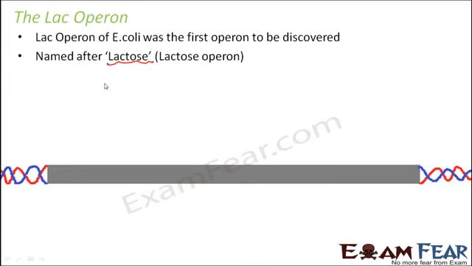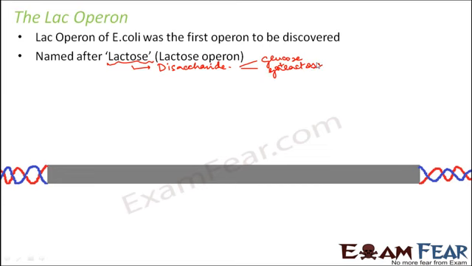And what do we mean by fermentation? That means breaking down lactose into monosaccharides, because lactose itself is a disaccharide. So it is not the simplest form of carbohydrate. So lactose further needs to be broken down into glucose and galactose, right?